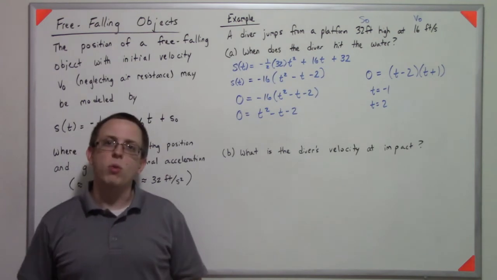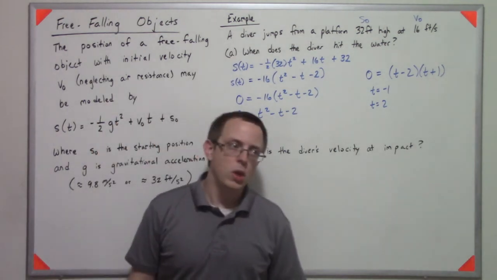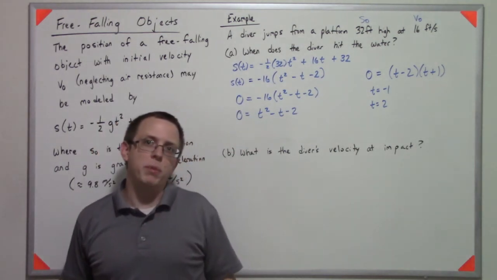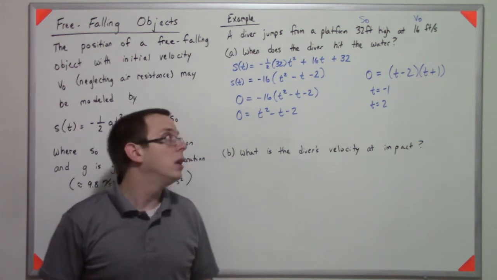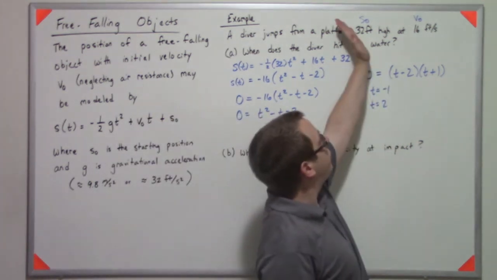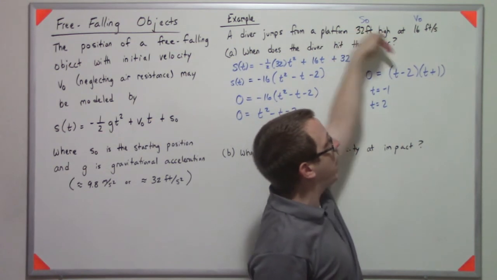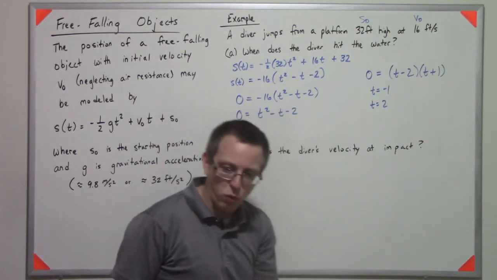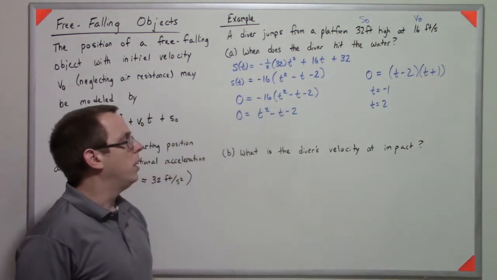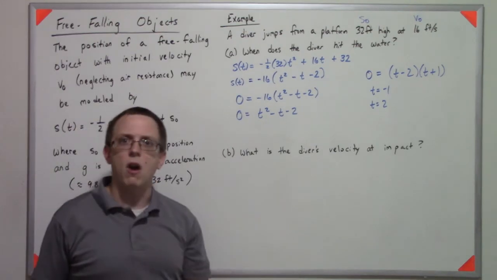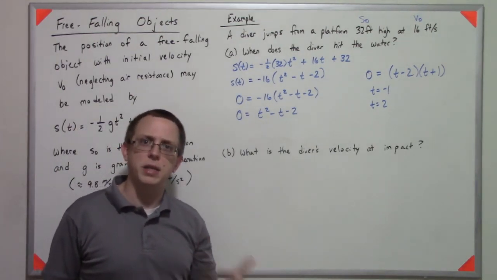Now t equals negative 1 doesn't really make sense, because it would mean we have some sort of weird time machine. If he launched at 16 feet per second, it would mean he went backwards in time and went through the platform into the ground. That's really odd. You would not expect that to be the case.